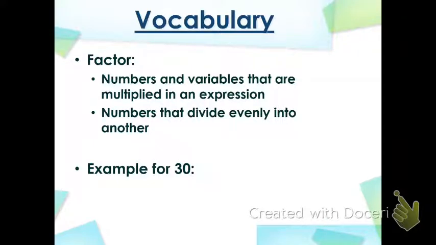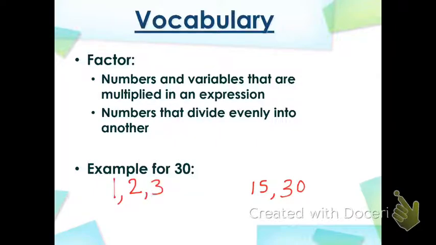Basically, it's just when you take a larger term and you break it down into smaller things that multiply to that term. So for example, for the number 30, I could do 1 times 30. Or I could do 2 times 15.